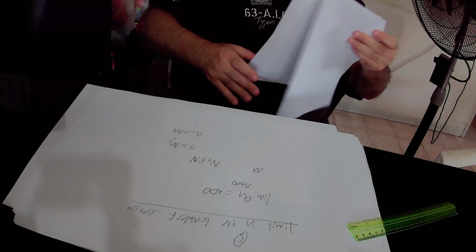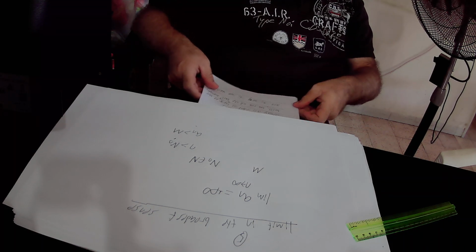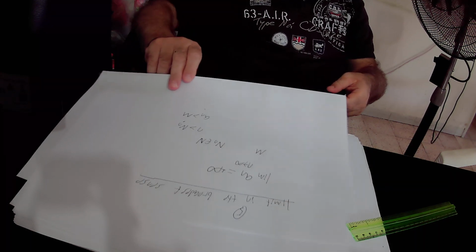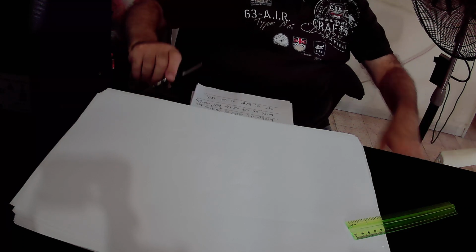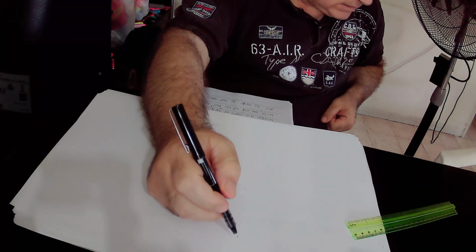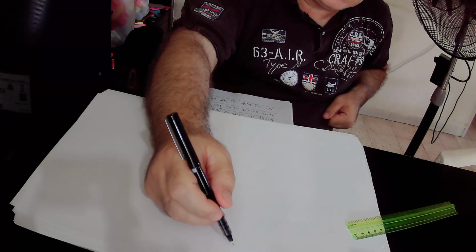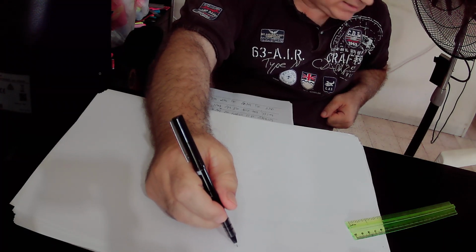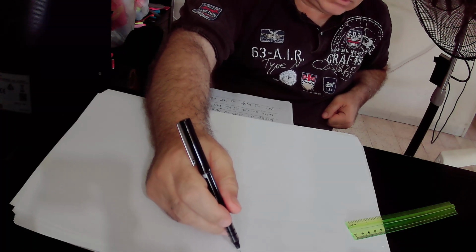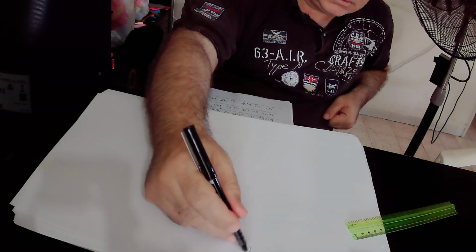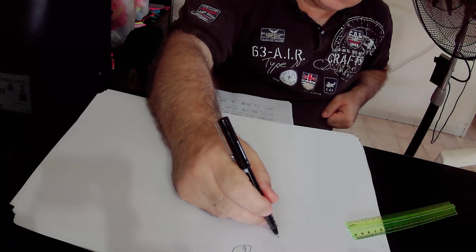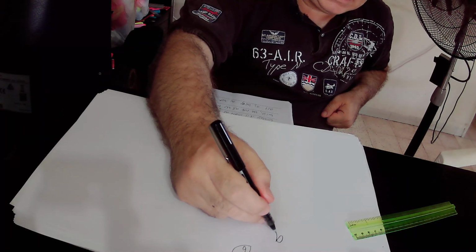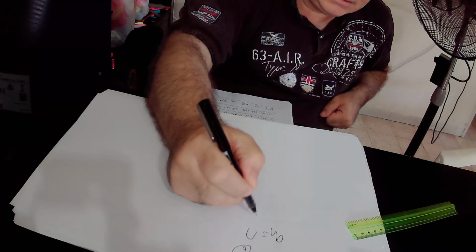So, as I already mentioned before, I'll give you another example. The limit of the natural numbers is plus infinity. We will represent the natural numbers as an equals n.